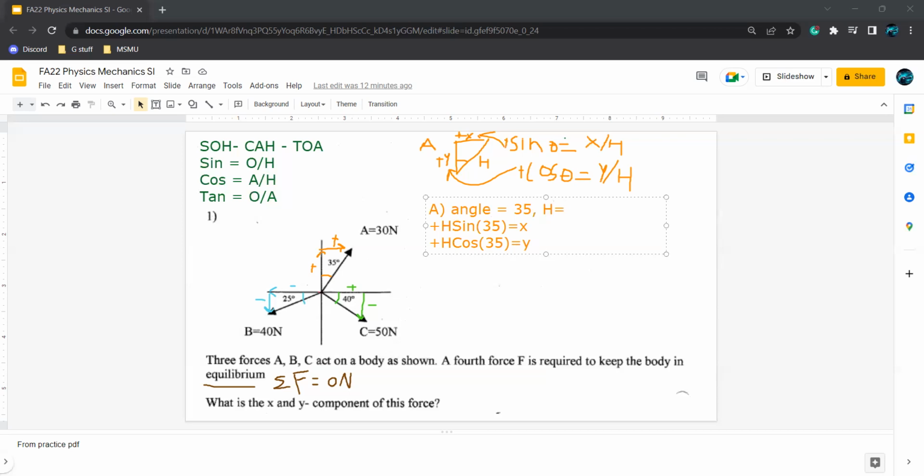And then H is your vector, so that's 30 newtons. So then if you plug those in, you will get 30 sine 35, which is 17.2 newtons, and 30 cosine 35, which is 24.6 newtons.